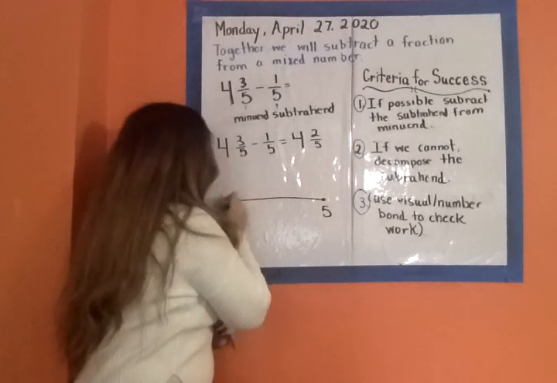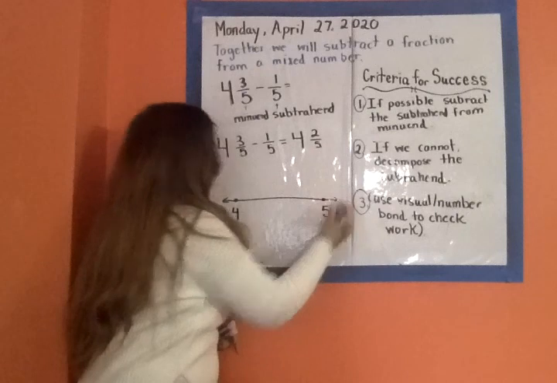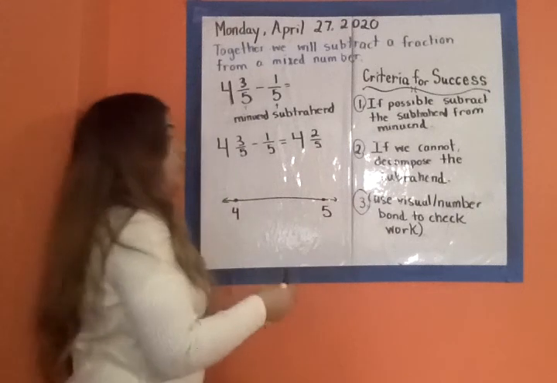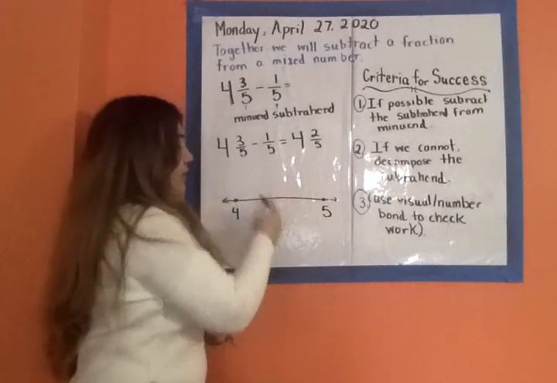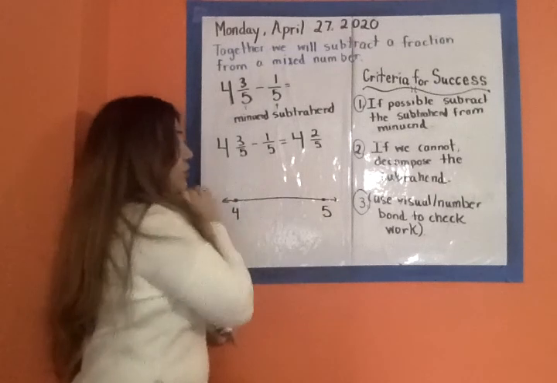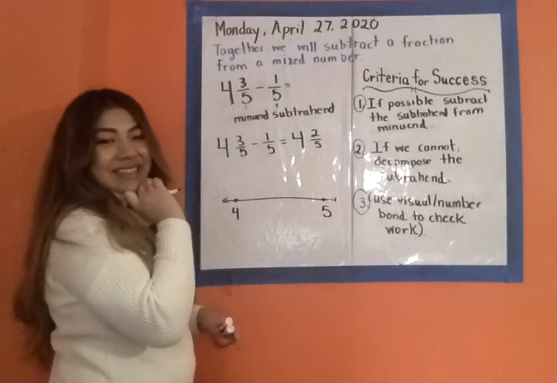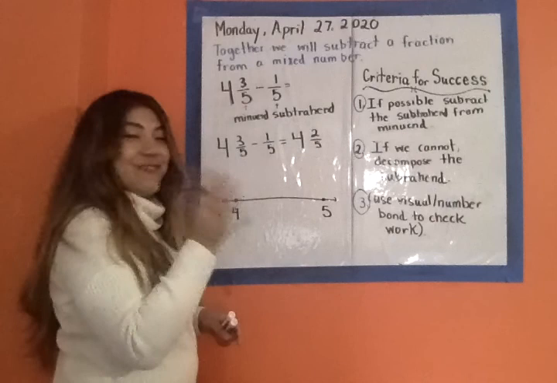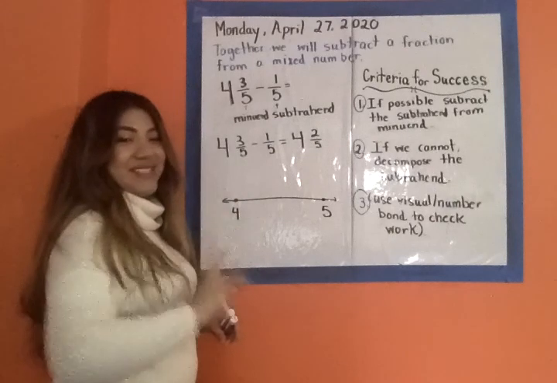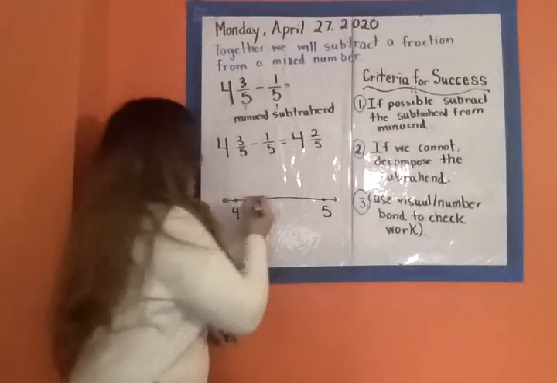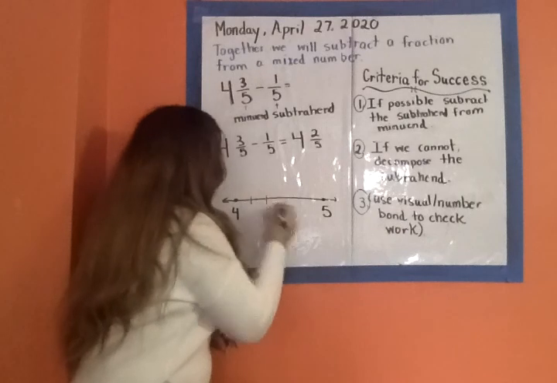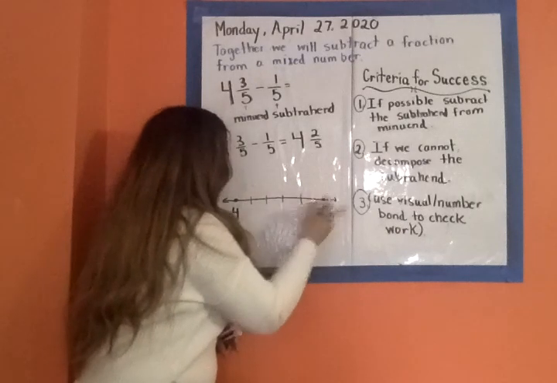Now, I'm also going to want to, at the same time, partition my number line into, you tell me, thirds, fourths, fifths? Ding, ding, ding, you got it, okay? So let's do this. This is 1/5, 2/5, 3/5, 4/5, and 5/5.